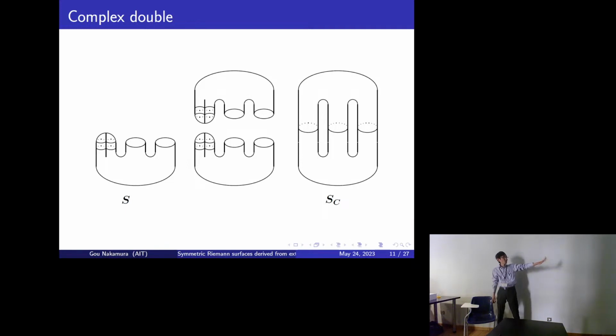So this is a genus 1, boundary 2 Klein surface: there is 1 crosscut and 2 boundaries. To make a complex double, we take a copy of the surface S, open the crosscut and paste the 2 surfaces properly. Then we get the compact orientable surface S^C, which is the complex double of the surface.